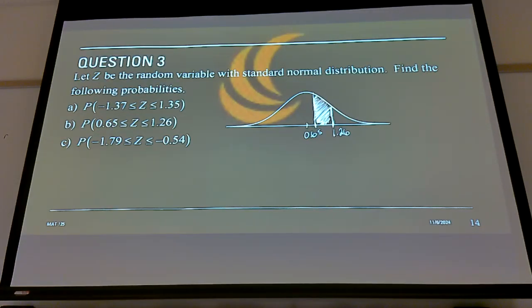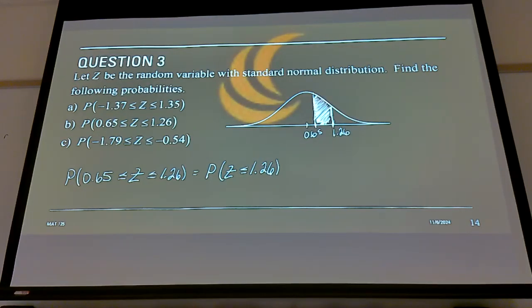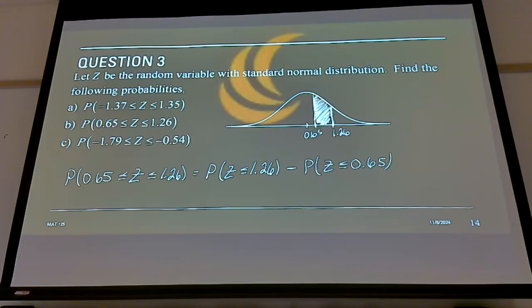That's what we're looking for, right? Keep in mind you don't actually have to draw a picture every time. It just helps you to visualize it. It's going to be everything to the left of 1.26, minus everything to the left of 0.65.